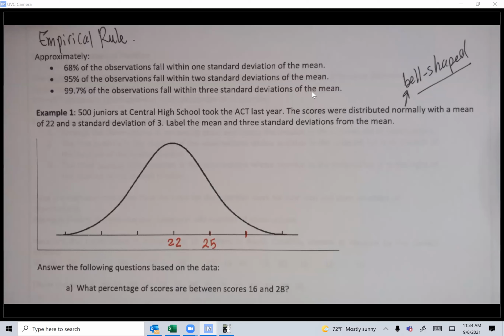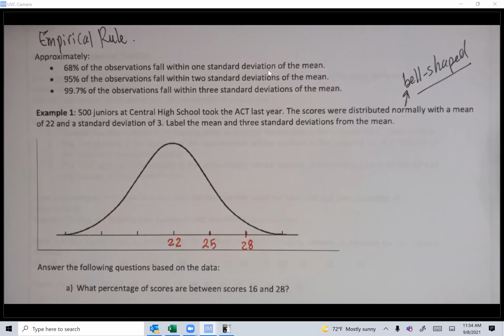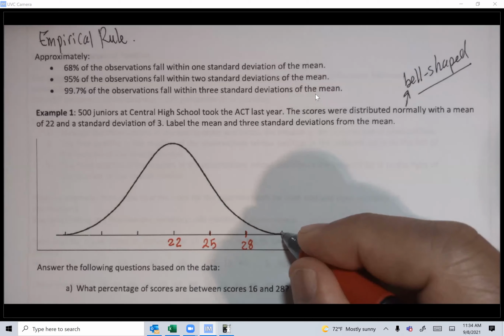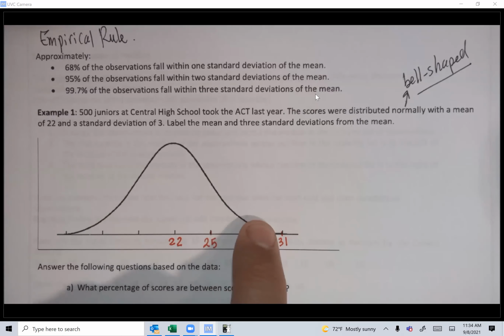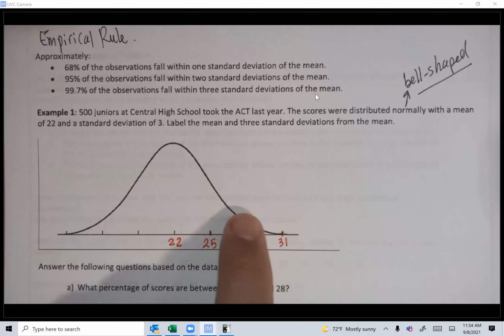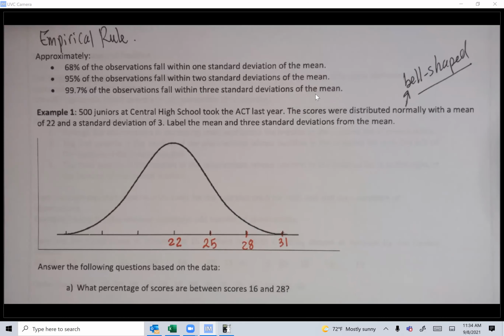Please help me out. 28. I agree. And what's the next one? 31. Exactly. The tail looks like it's touching, but it usually doesn't touch. It goes along the horizontal line but never touches, just to pick up those 0.3%.